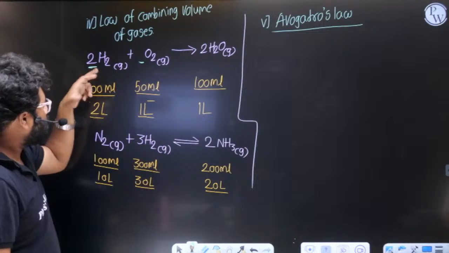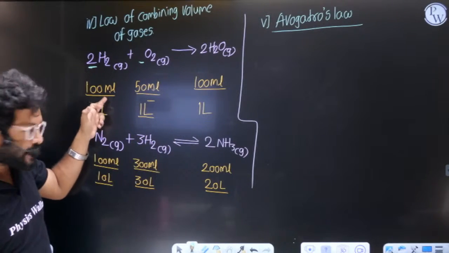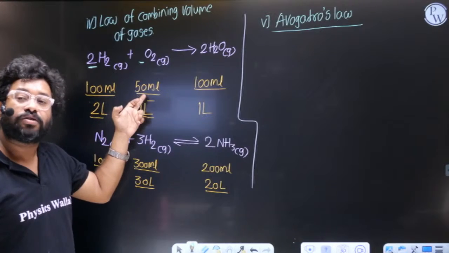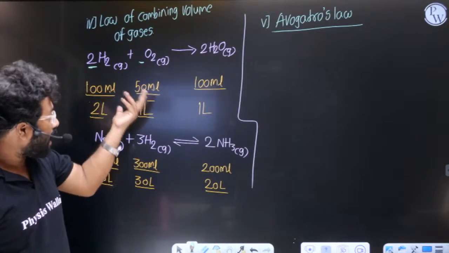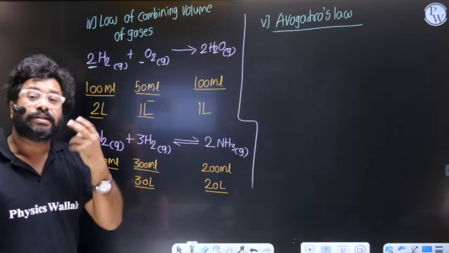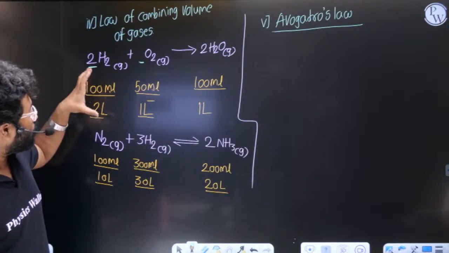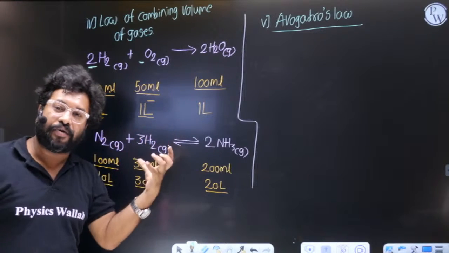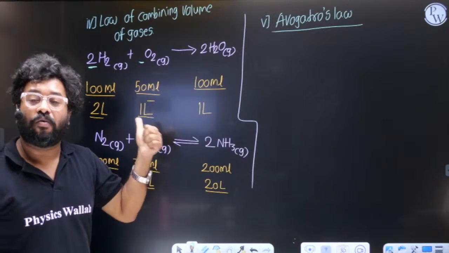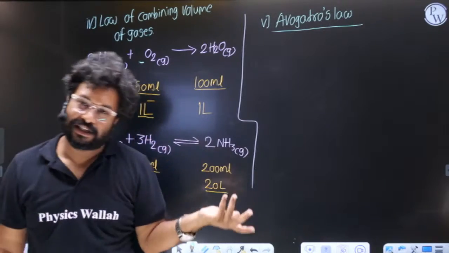So if you take this as 100 ml, you have to take oxygen as 50 ml, which is going to produce 100 ml of water. Same case, if you have 2 liters of hydrogen, you need 1 liter of oxygen, and it will produce 2 liters of water gas. That is what this example suggests.